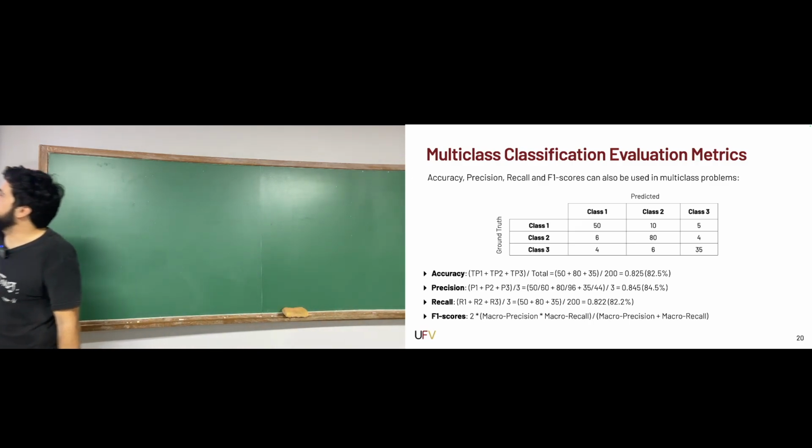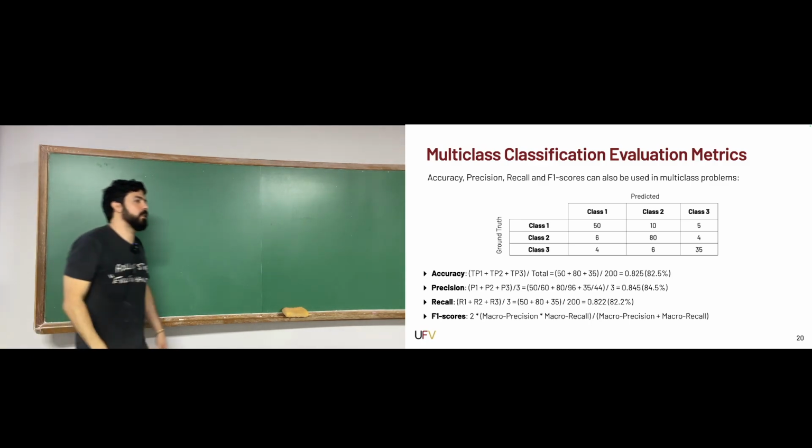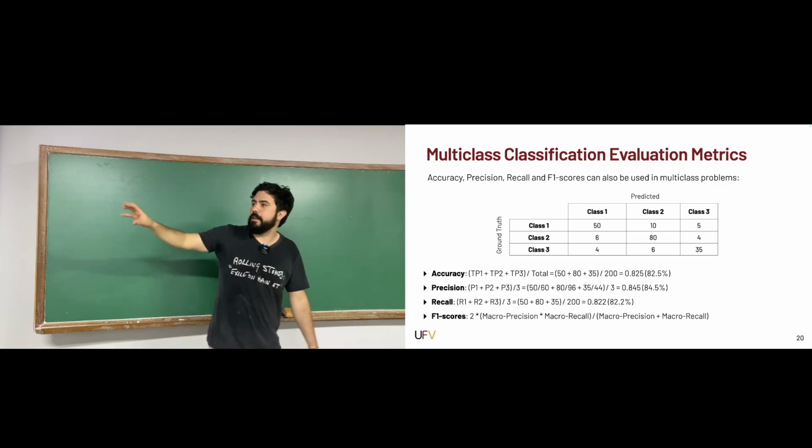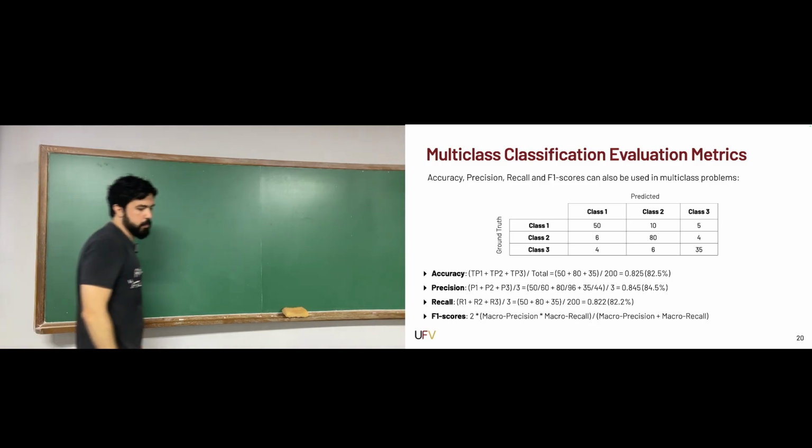Just talking about accuracy here, you would just sum your diagonal and divide by the total number of examples. And for the other ones, you take the average of precision 1, precision 2, precision 3, and then you have the final precision. For recall, you also take the average of the recall of the 3 classes, and here we report the F1 score, which is the same.